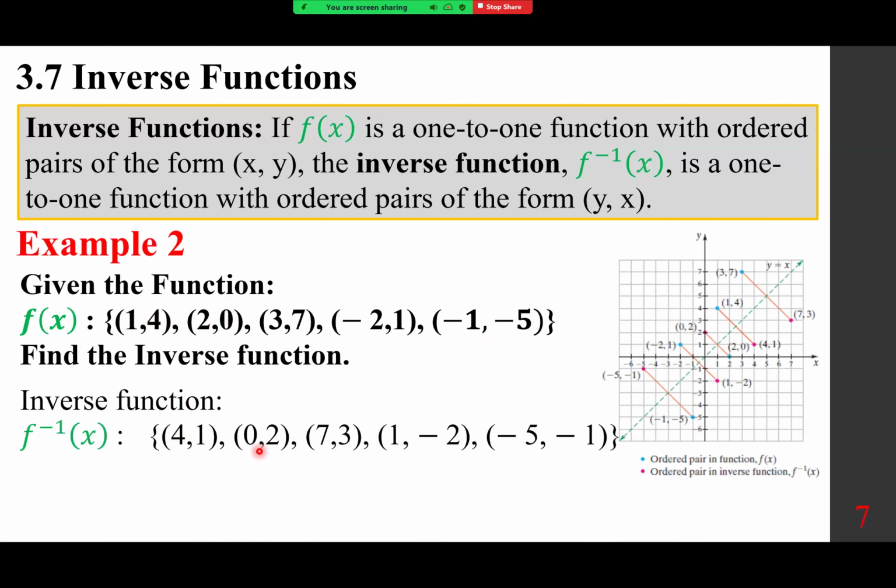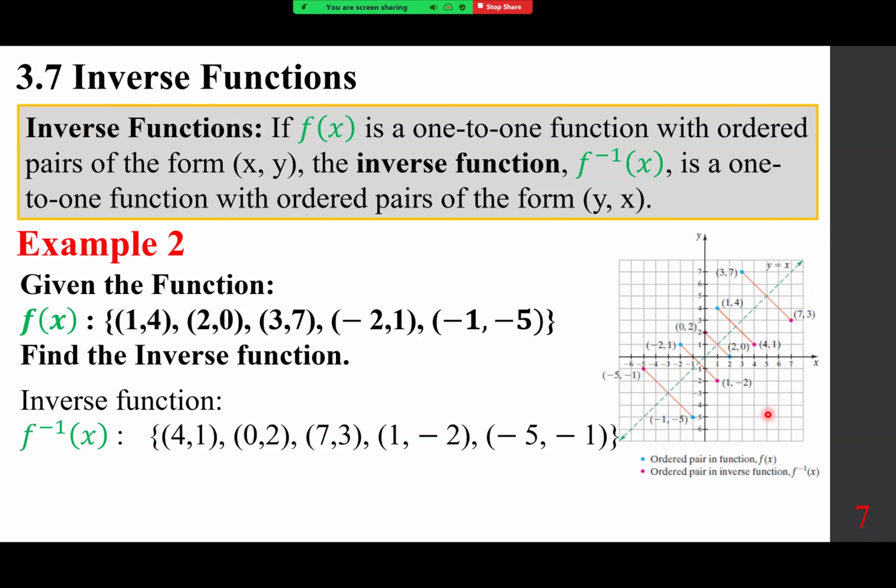If we were to graph and plot each point for f of x, and then do the same thing for each point of f inverse, so we plot all these pairs.